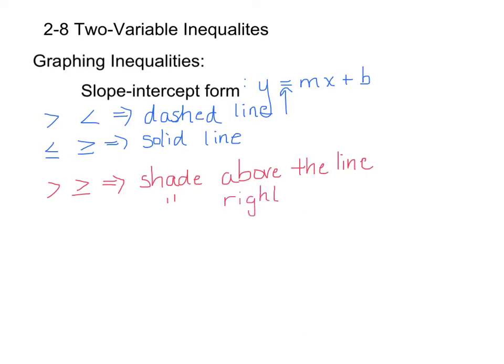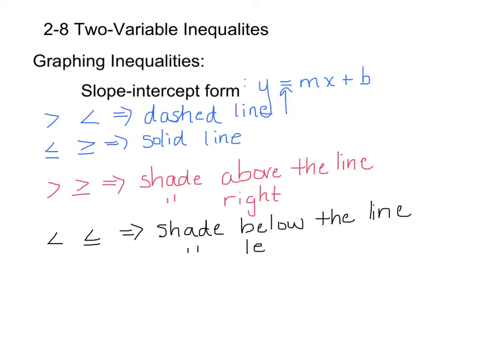So above or right means greater, and then less than or equal to, we shade below the line or everything to the left. Shade to the left, because that's where everything is less than. So those are things you want to remember when you are graphing.